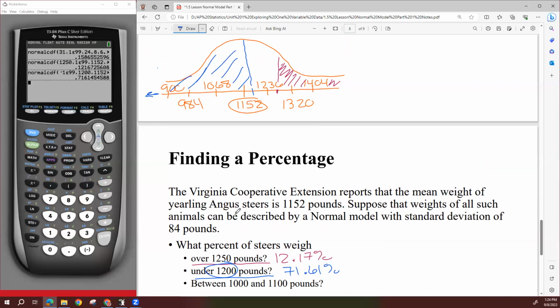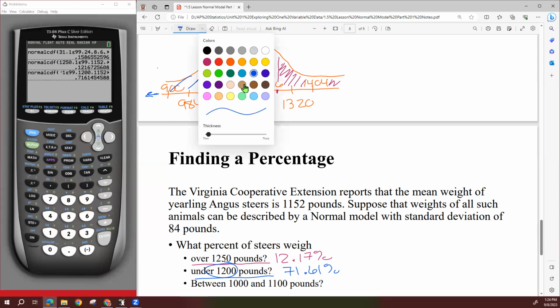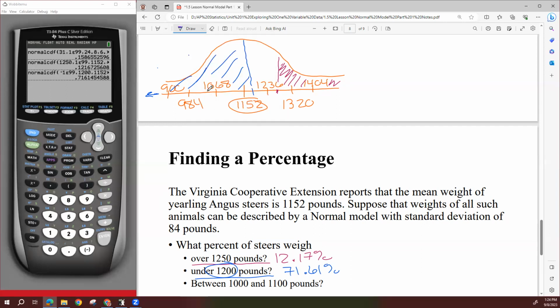And we can do the same thing for 1,000 to 1,100. So we're looking somewhere in this area, 1,000 to 1,100. And so we'll do the same thing. We'll second VARs, second option, normal CDF.